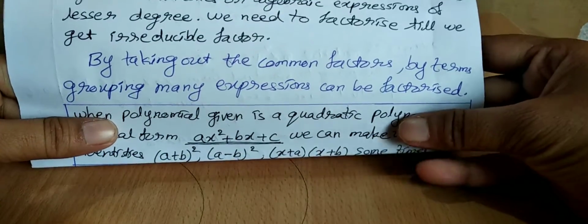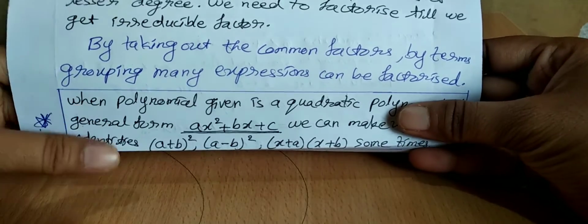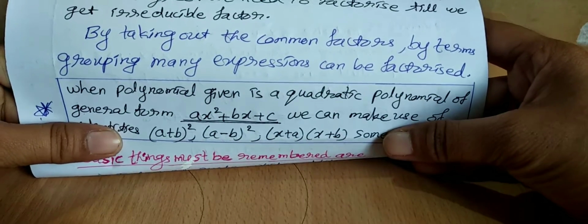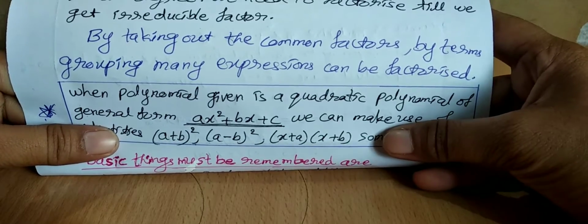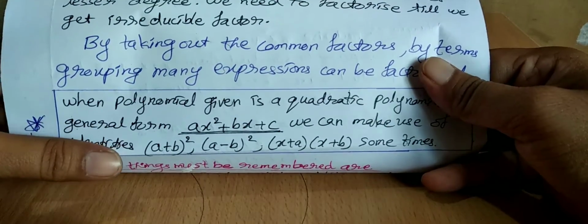By taking out common factors, by grouping and rearranging terms, many expressions can be factorized.